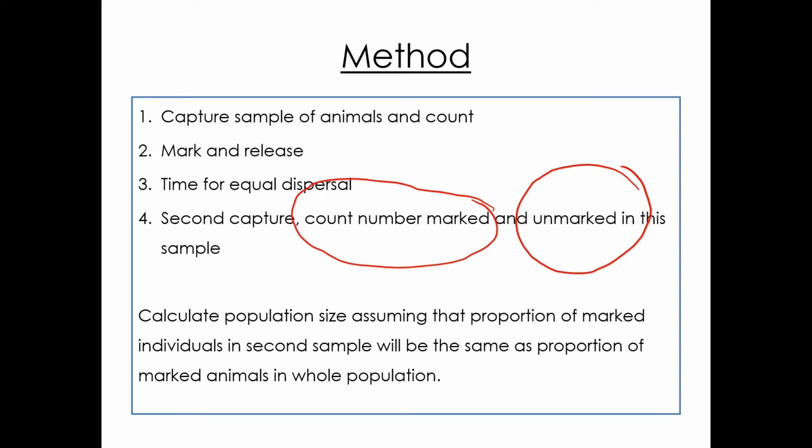The reason for this is because we are going to be using those numbers to calculate an estimated population size, and we're assuming that the proportion of marked individuals in the second sample is the same proportion as marked animals in the whole population. So it's the ratio of the number of marked to unmarked that we're using to make our estimate.